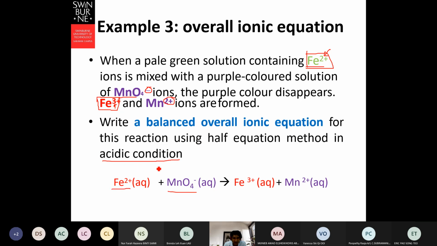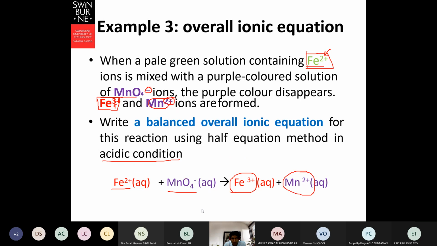So iron and manganate ion both together. We added, so iron, because it says that Fe3 plus is formed, and manganese ion is formed as well.